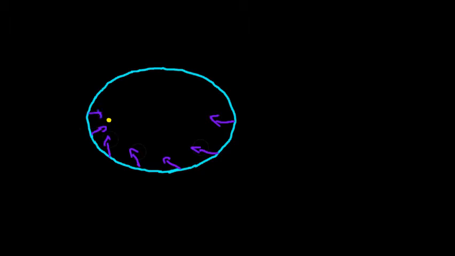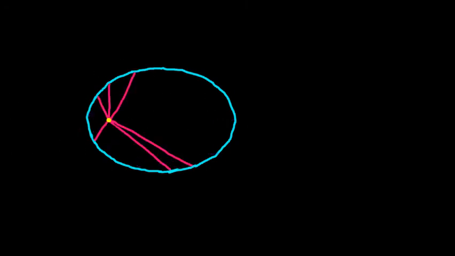And as such, the only possible shape for the orbit is either an ellipse or a circle. And a circle is just a very special ellipse, with both foci at the same point. So let's get rid of these arrows, and we can move on to the second law.